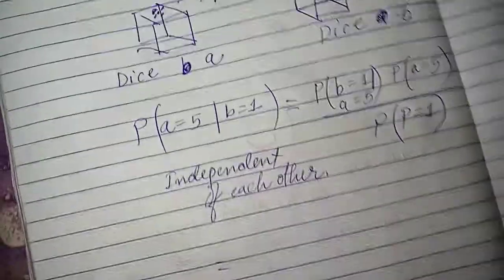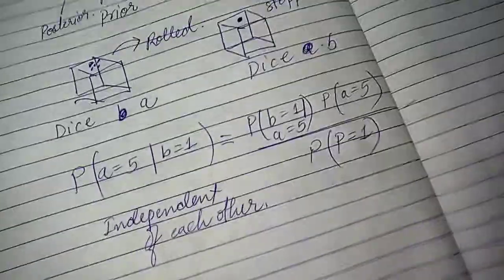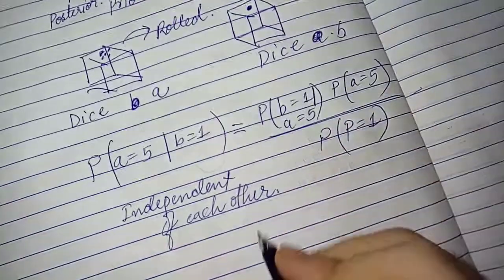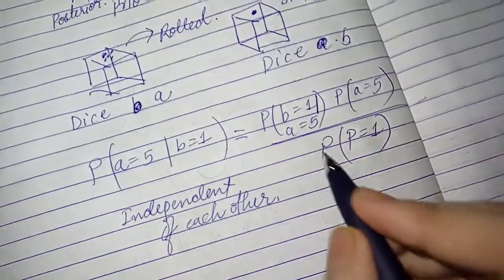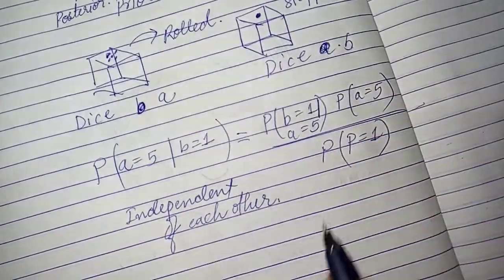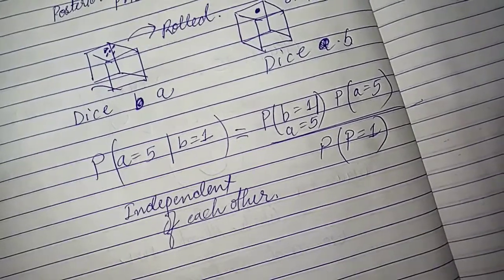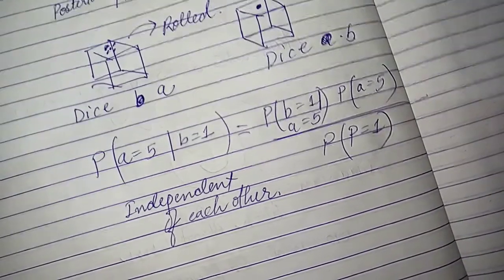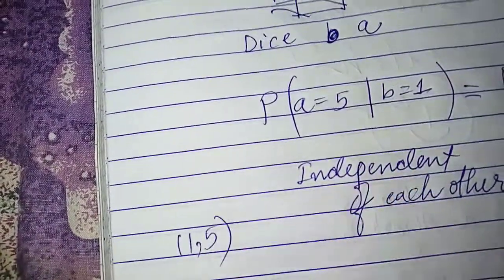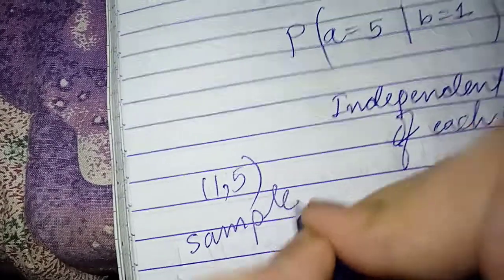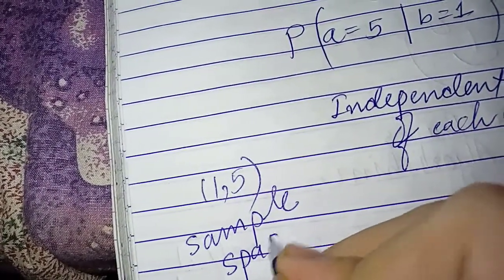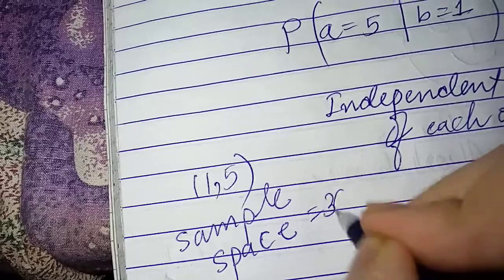So in this case, the probability that the value of the die is 1 and A equals 5 will be 1 comma 5, and the size of the sample space is 36 in this case.